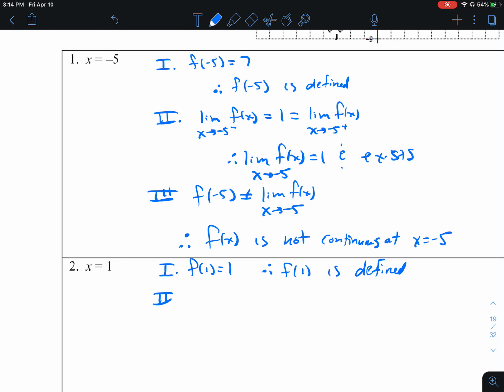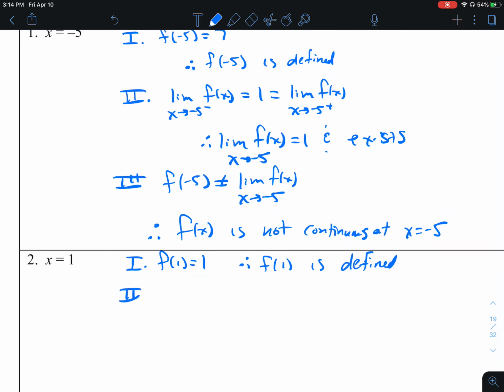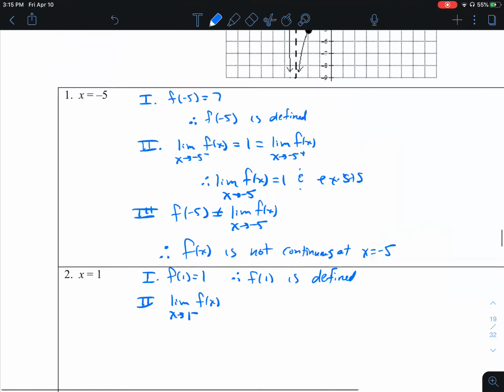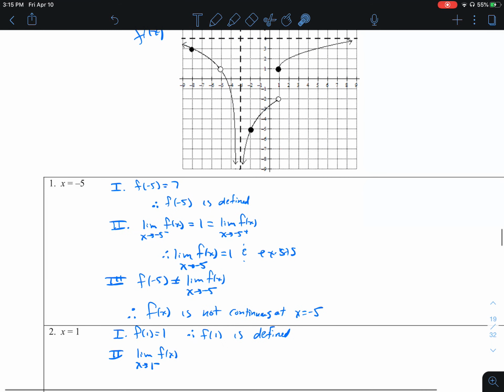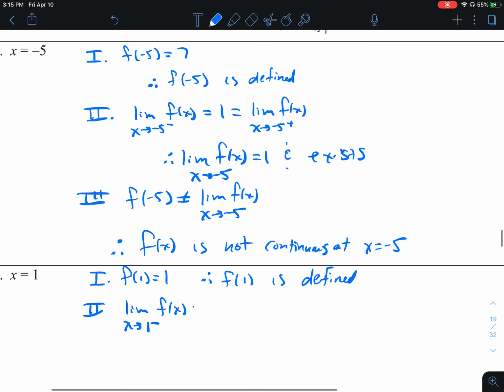Part 2 is the two-sided limit. Does it agree? Well, as x approaches 1 from the left, it's approaching -2.